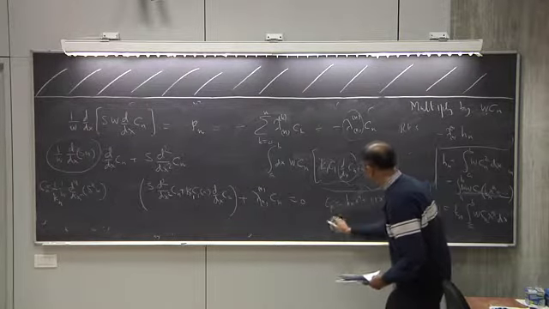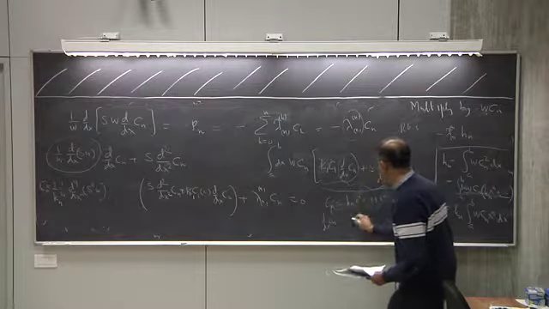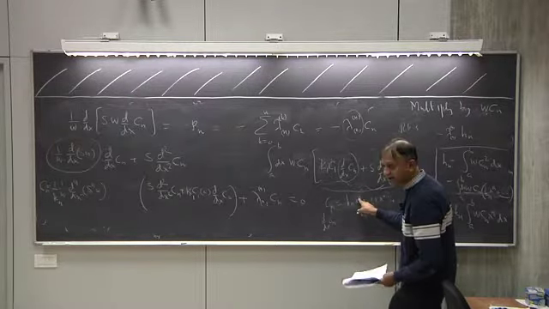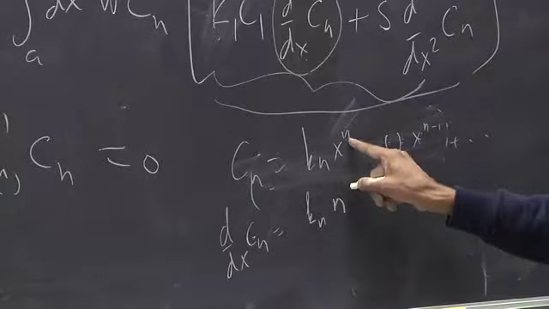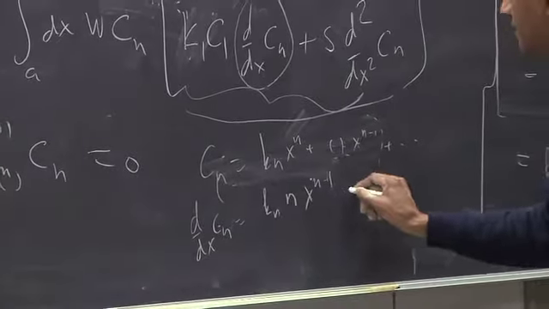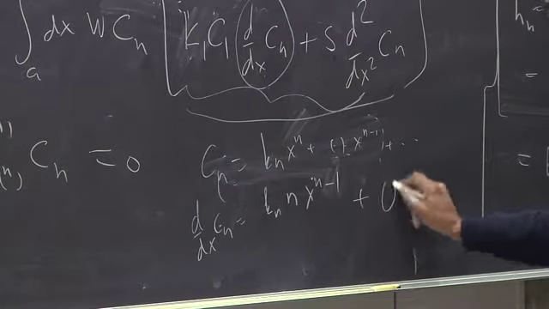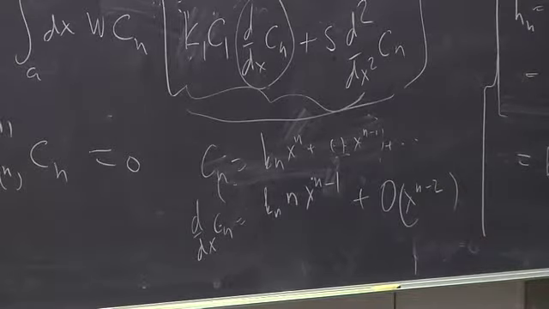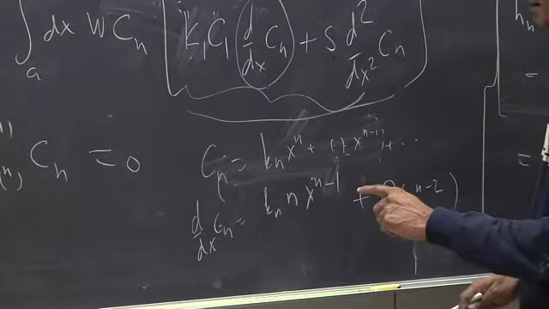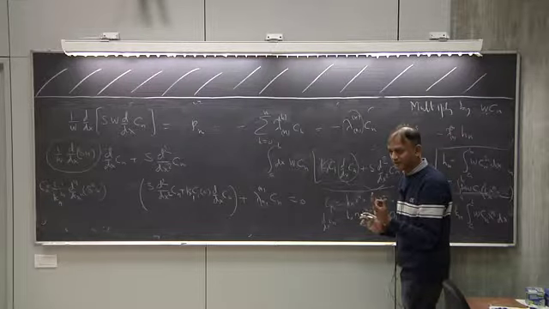So d by dx acting on Cn will give me the highest power x to the n minus 1. So you get here Kn times n times x to the n minus 1 plus order x to the n minus 2, right? Now from this entire thing we want to extract x to the n, right?